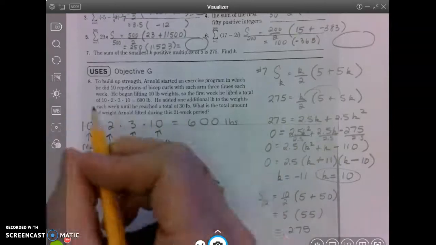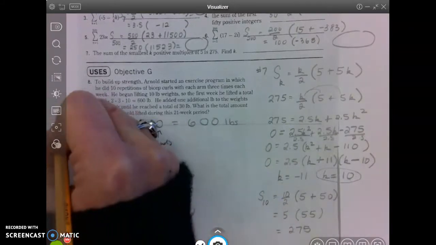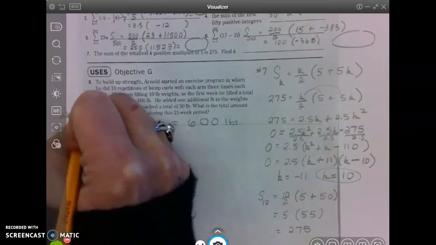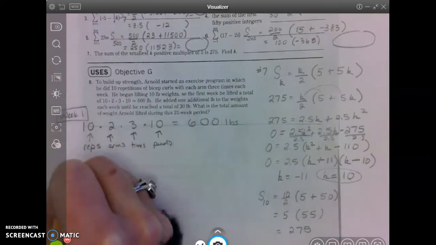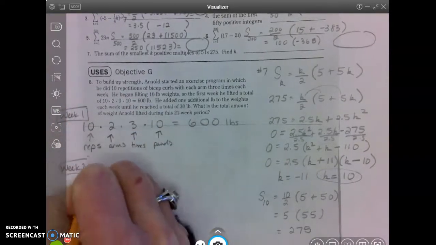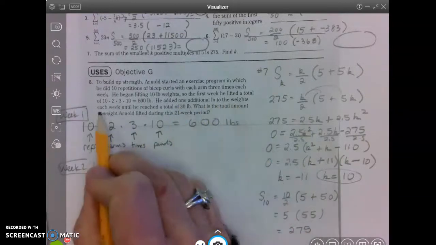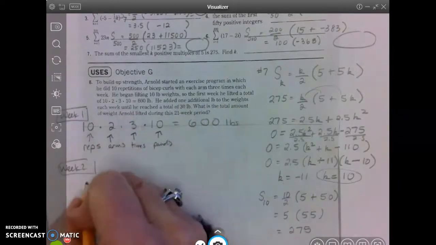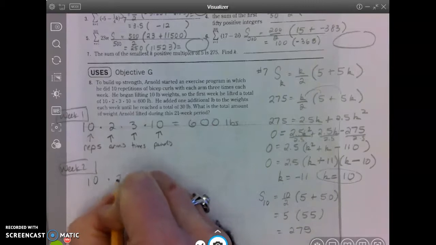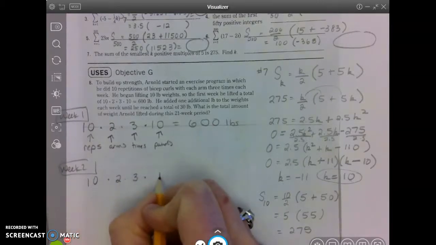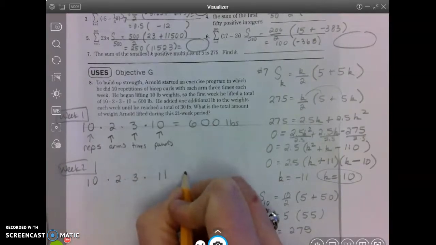That's week 1. Okay, so this is week 1, which means week 2, he added 1 additional pound to the weights each week. So still 10 reps, 2 arms, 3 times, 11 pounds.